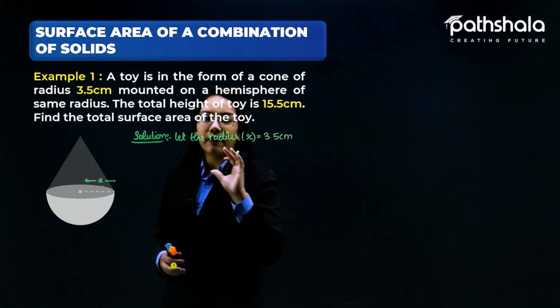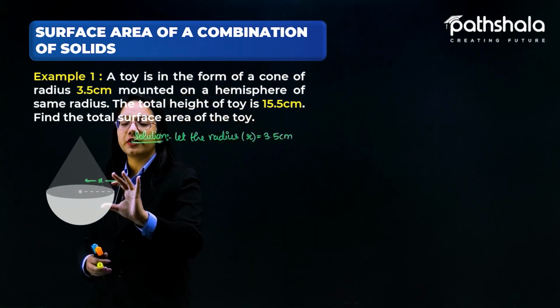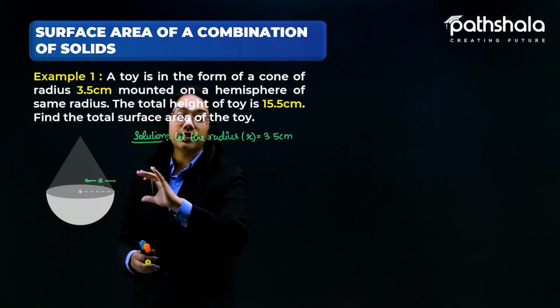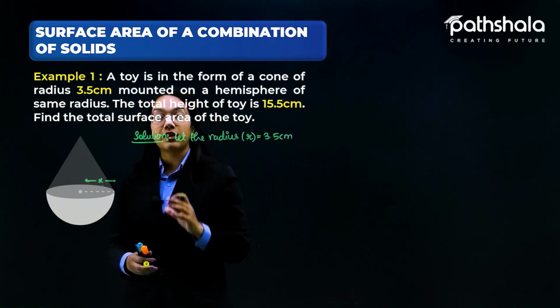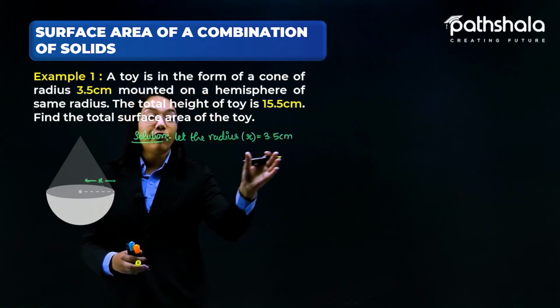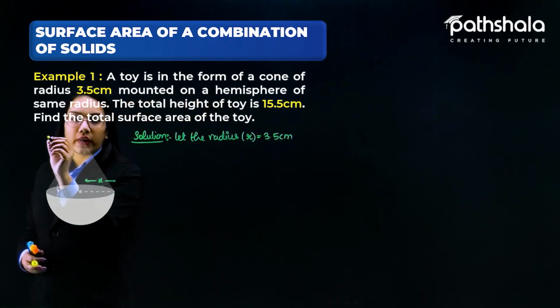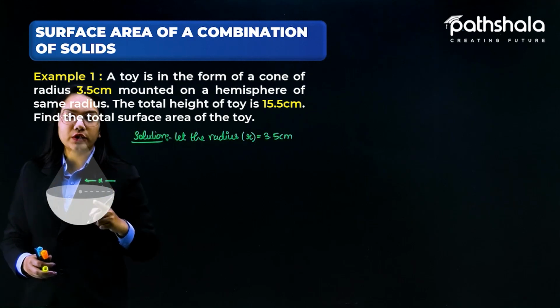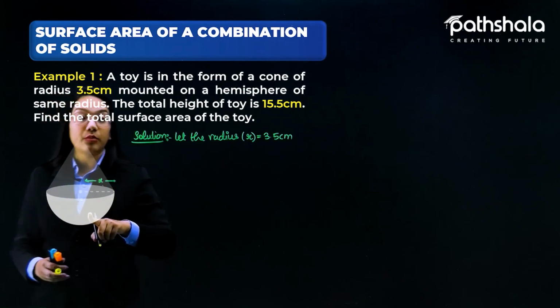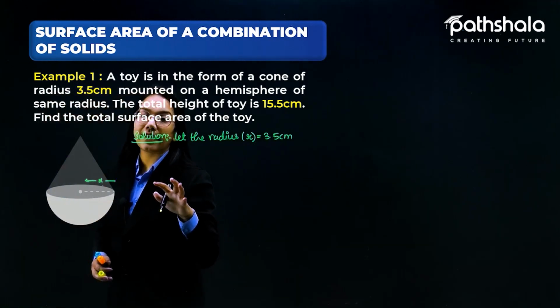The radius of this particular cone is 3.5 centimeter, and the radius of the hemisphere is also the same. Now further, the height of the total toy is 15.5 centimeter.